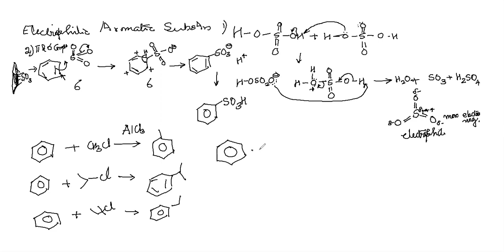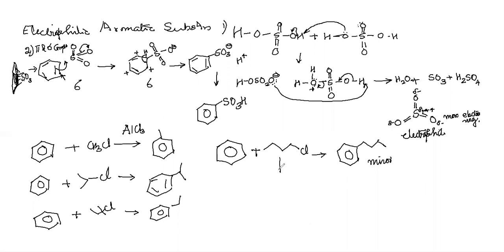If you take this compound, 1, 2, 3, 4, you would like to write this product. 1, 2, 3, 4. But actually, this does not form. This is a minor product.